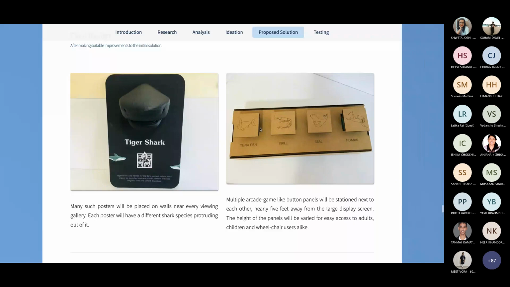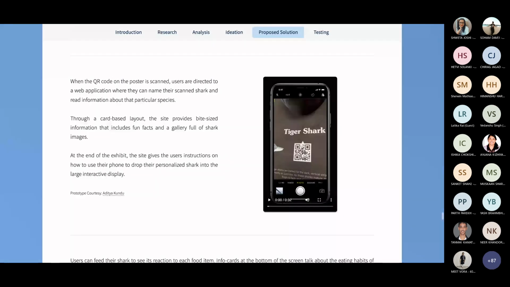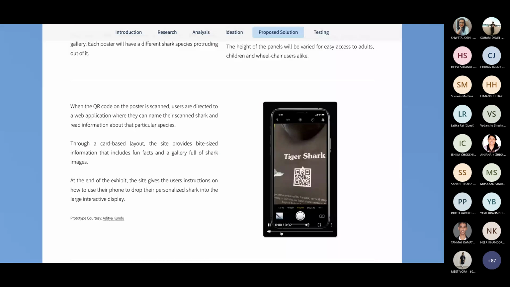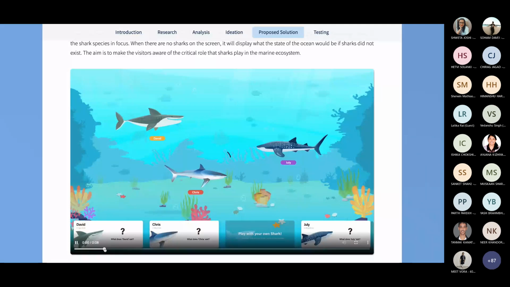So now you see that the prototype is getting a lot more polished. And then this is the app that we had for people to use on their phone and learn about different sharks and get information about them in a fun way. And this was a game which would be on a really large screen at the end of the exhibit.